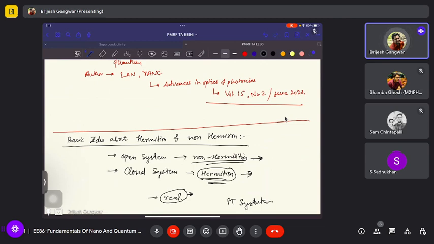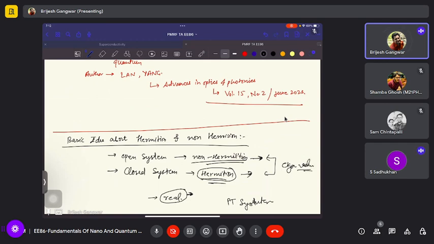And operators which are non-Hermitian give us complex or imaginary eigenvalues. So one difference between Hermitian and non-Hermitian systems is this one, on the basis of eigenvalue.